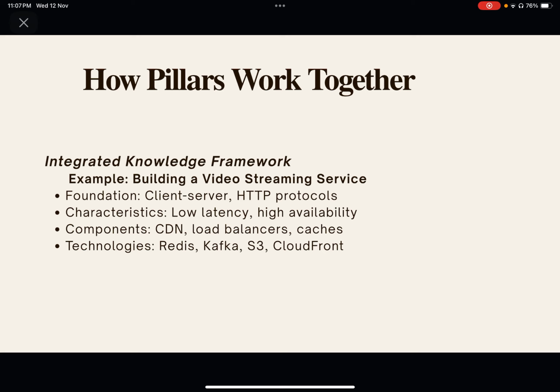Third, you select the components: CDNs for content delivery, load balancers for traffic distribution, caches for metadata. Last, you choose the technologies: for caching, you will use Redis, and for event processing, Kafka. For video storage, you will use S3, then CloudFront as a CDN. This is how all four pillars integrate, and this is how you approach any system design problem.